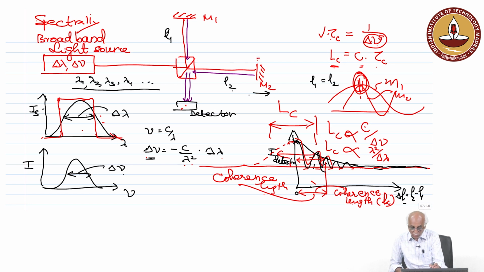If I start moving this mirror M2 slowly, what I will see is the change in the intensity. However, that difference in terms of intensity change will cease within this coherence length, and thereafter the intensity will remain constant, okay, some 50% of that intensity will remain constant.